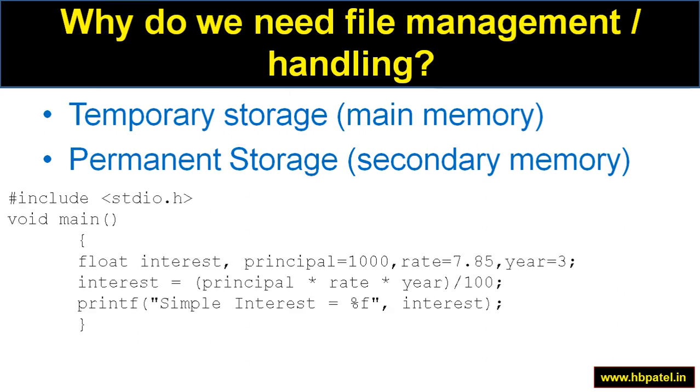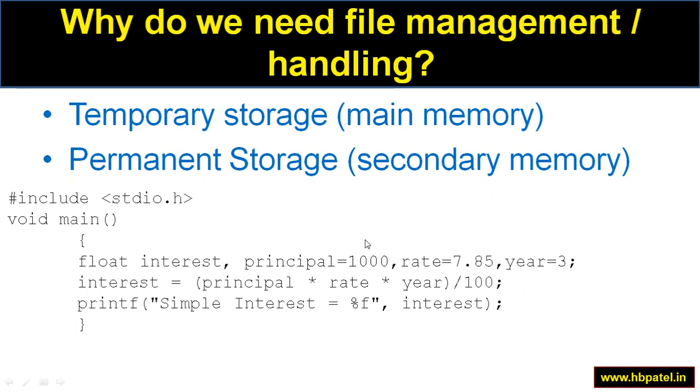So let us see an example of temporary storage. This is a very small program that calculates simple interest. We know that for finding simple interest, all you need is PRN. P is the principal amount, R is the rate of interest, and N is the number of years. So we have principal, rate, and year as three variables.